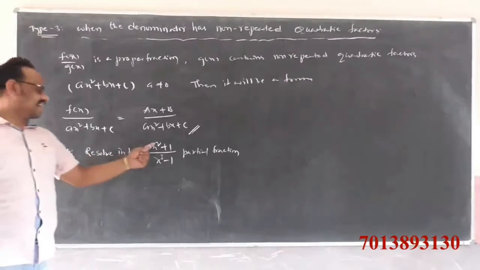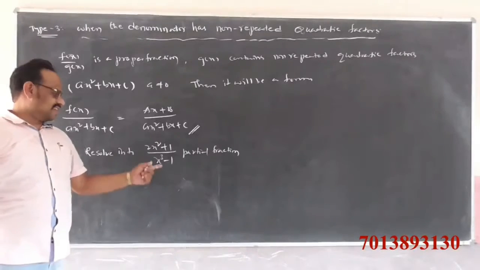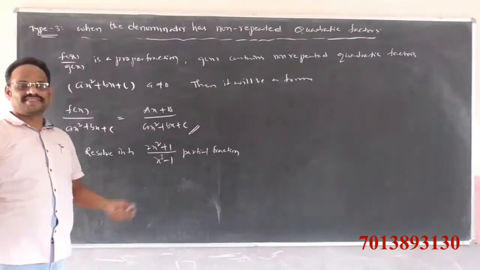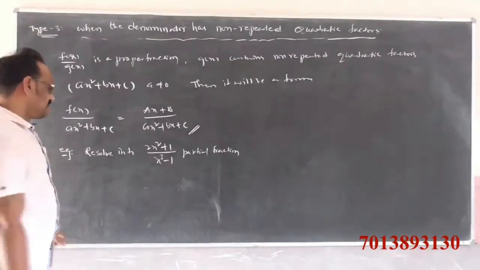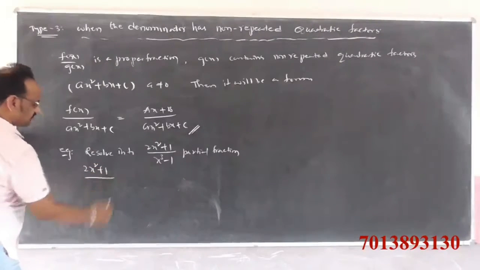Clearly, this is a proper fraction. The denominator has x cube minus 1.